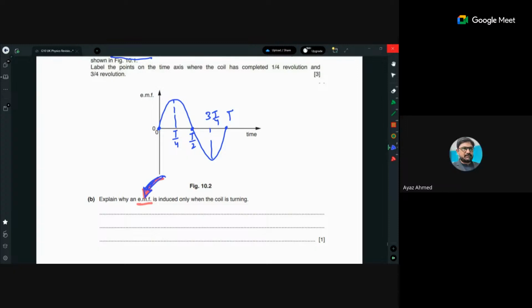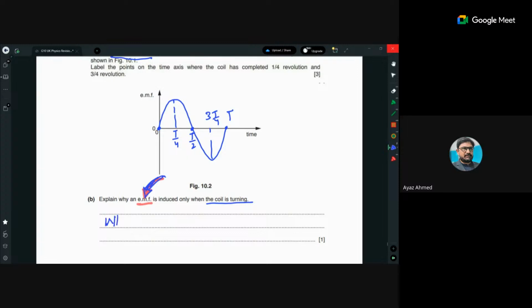Can I explain why the EMF induces only when the coil is turning? So, as I told you, to induce the EMF, the coil must rotate, isn't it?